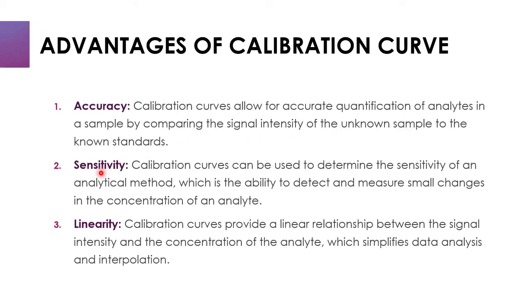Calibration curves can be used to determine the sensitivity of an analytical method, which is the ability to detect and measure small changes in the concentration of an analyte. And third is linearity. Calibration curves provide a linear relationship between the signal intensity and the concentration of the analyte, which simplifies data analysis and interpolation.